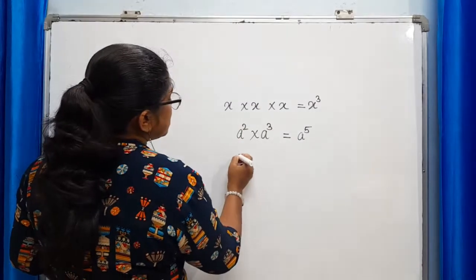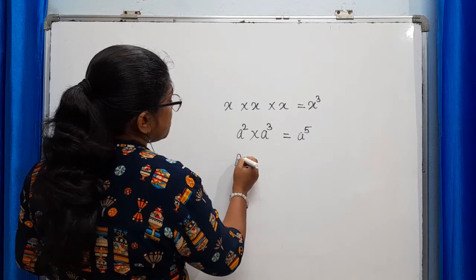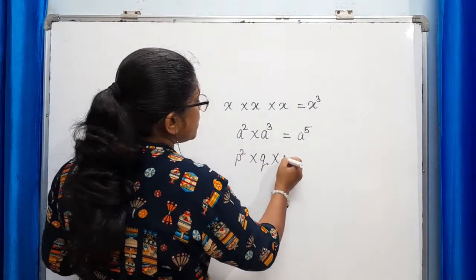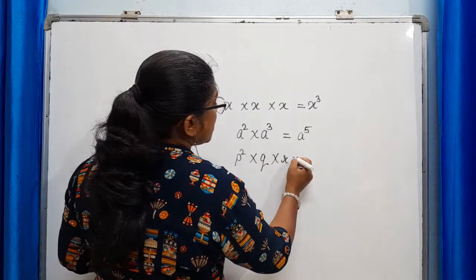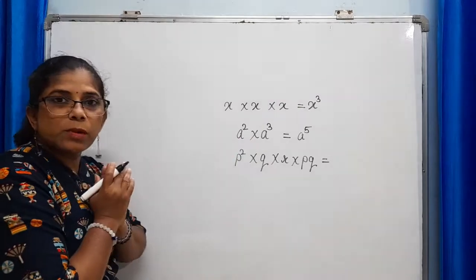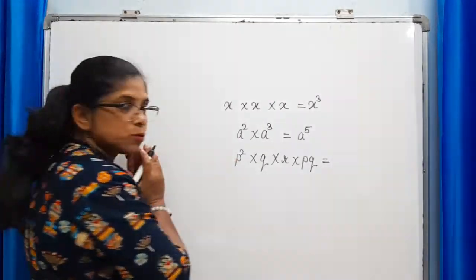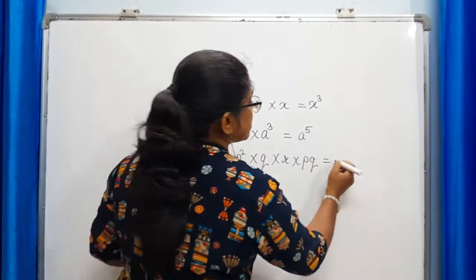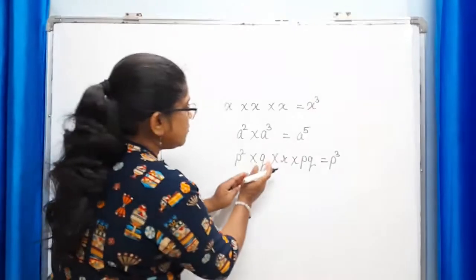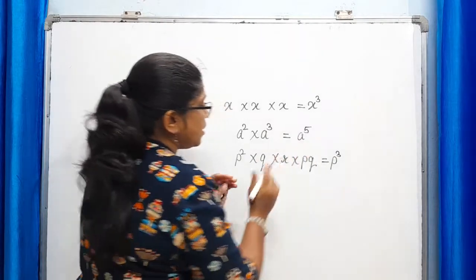Now if it is something like this, p square into q into r into pq. Now these things we are multiplying. Here p we have 2 times, here we have 1 time. So p to the power of 3. Here we have q 1 time, here we have q 1 time.